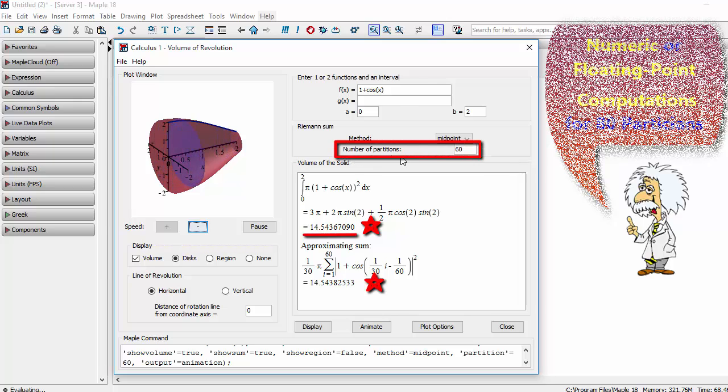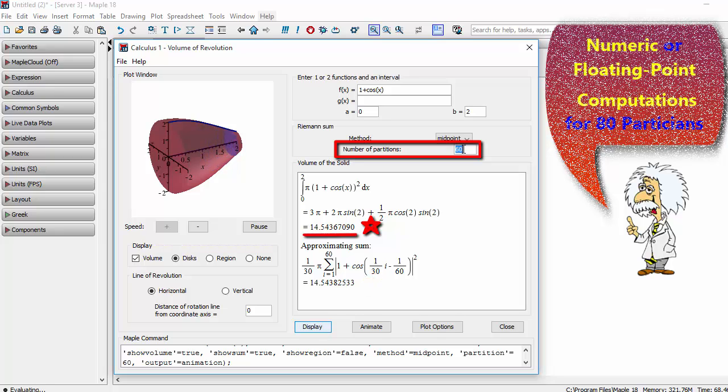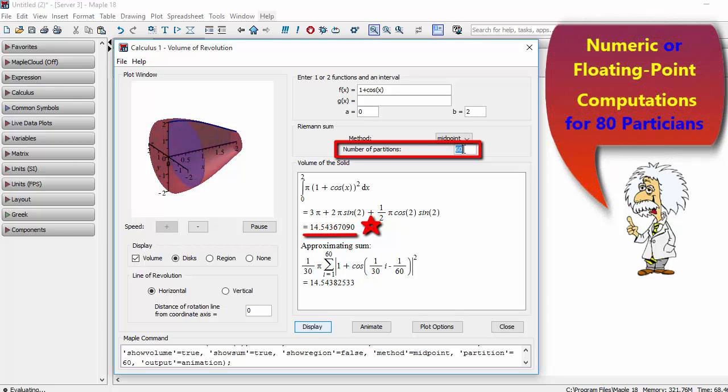Again, by increasing the number of partitions, disks, for this volume, for example, for 80 partitions, disks, we can obtain the following amounts.